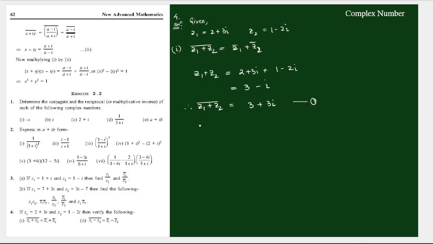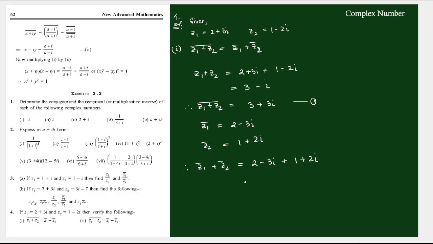Then now let's find it for Z1 bar. Z1 bar will be how much? 2 minus 3i. Then Z2 bar will be how much? 1 plus 2i. So therefore Z1 bar plus Z2 bar will be 2 minus 3i plus 1 plus 2i.